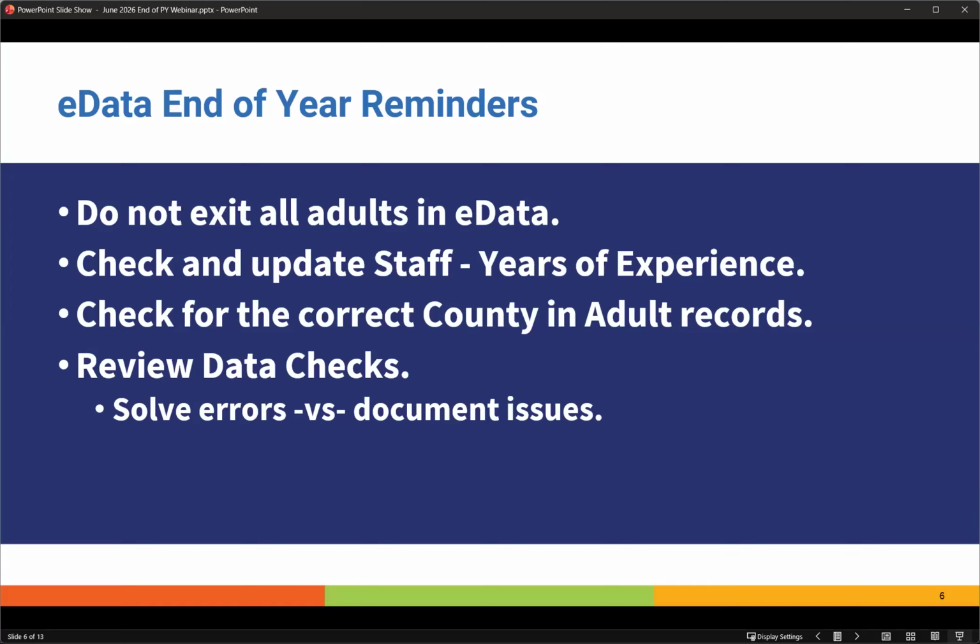So really what we're looking at for exit dates is those students that have completed programming and have left, or those students who have been gone for more than 90 days and you don't know what's going on, but they've been gone that long, you can also give them an exit date as well. But do not just batch exit date everybody in your program.